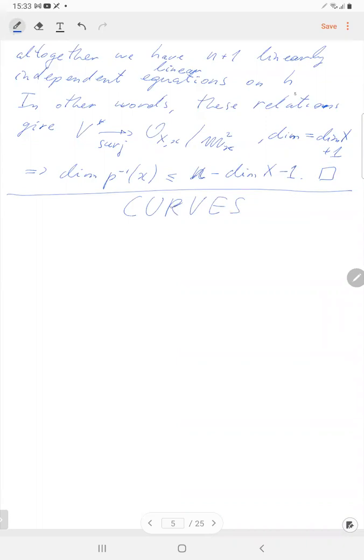So already today we will see that the curves are simpler, not just because they have dimension 1, but in many other respects they're simpler than general algebraic varieties, and many things can be proved very explicitly and clearly for curves, and then sometimes generalized to higher dimension. So we'll start with some general lemma that we'll use today later on.